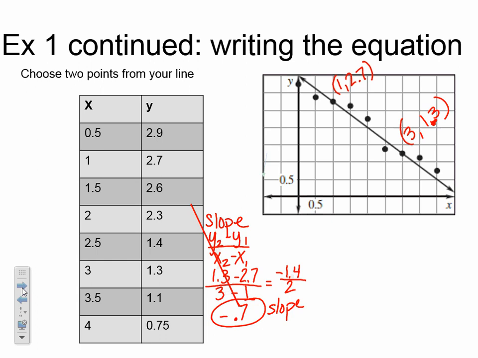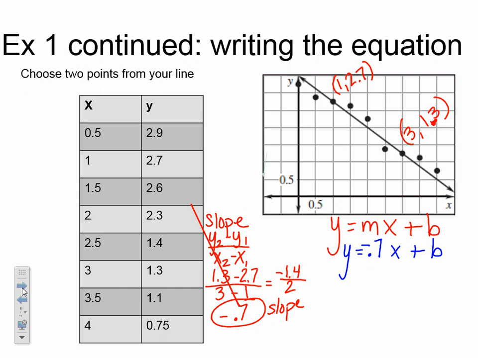Now that I know that, I'm going to turn to my trusty formula, y equals mx plus b, and start plugging in so I can solve for the b. I know slope now is negative 0.7, so I'm going to plug in negative 0.7 where the m is. And then if you remember, we'll take an x and a y from the same point and plug that in.